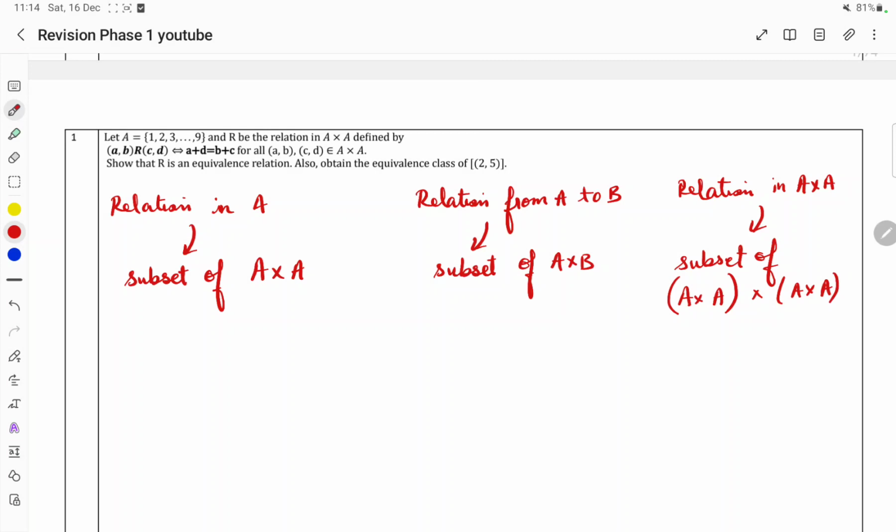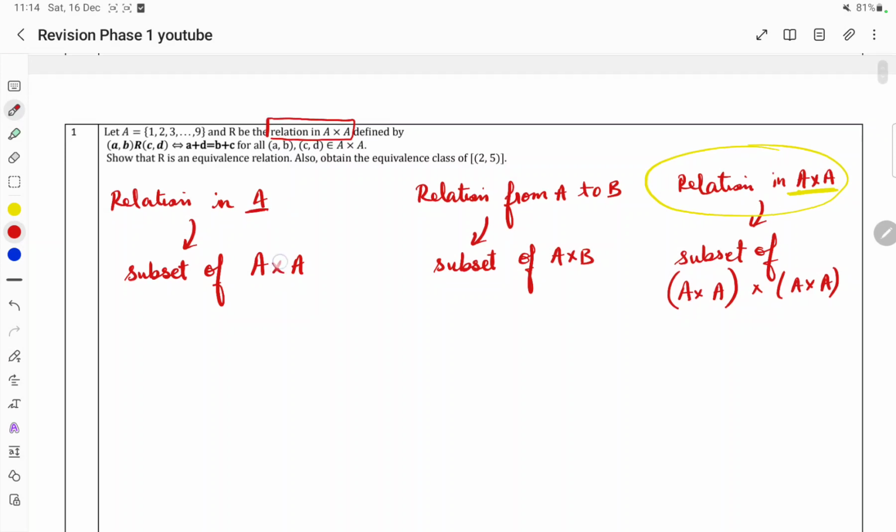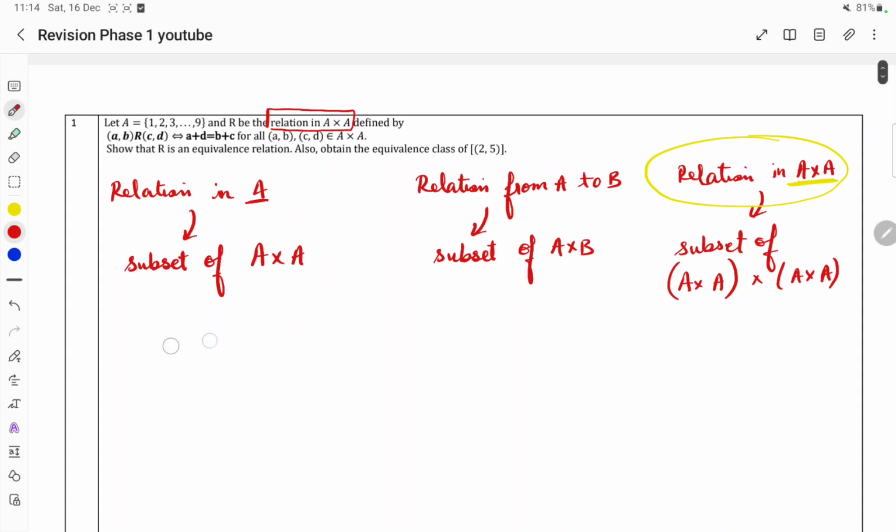Now here they have given this statement, relation in A cross A, so we have to take this. The elements in the set A cross A are ordered pairs. The elements in A are just 1, 2, 3 like this.